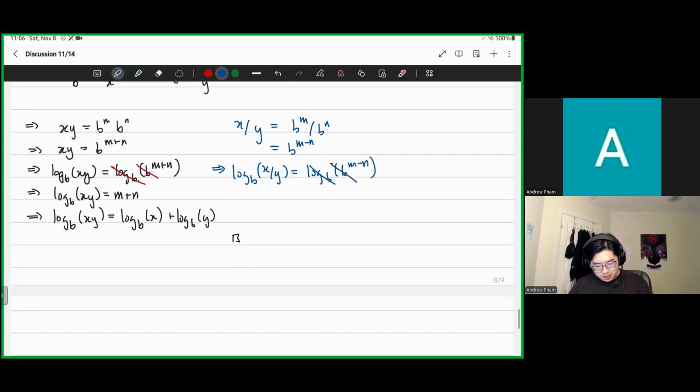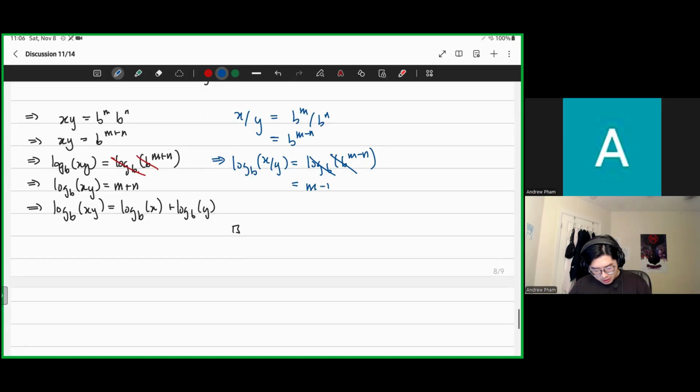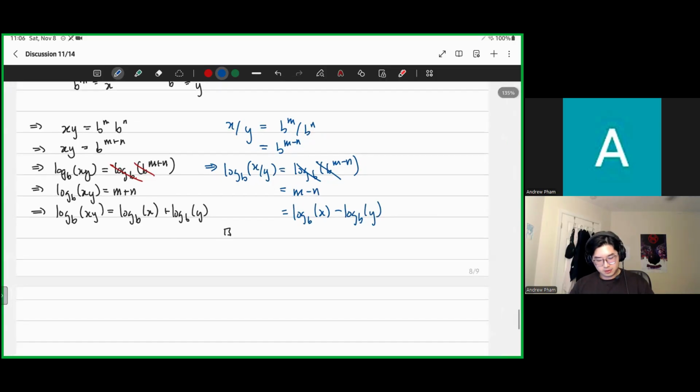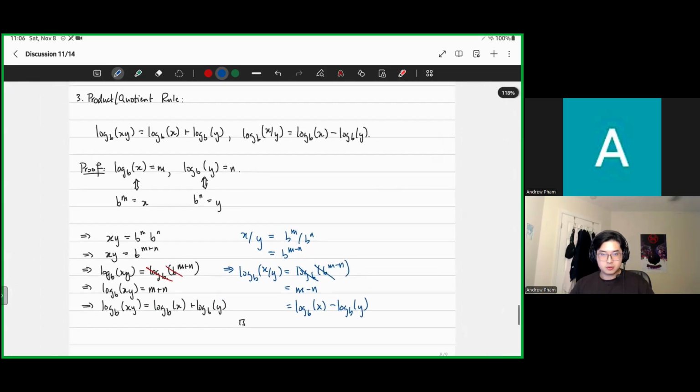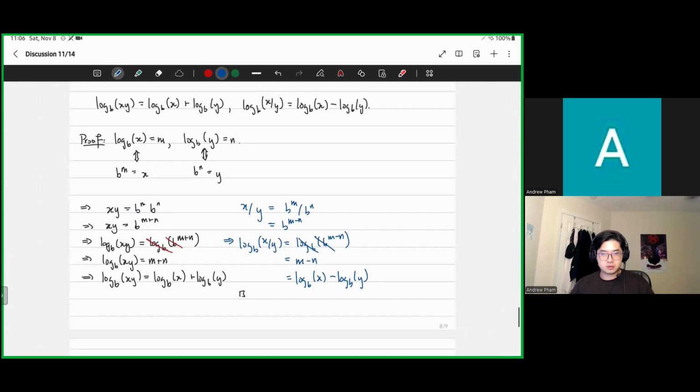By the inverse rule, you cancel this out. So you have m minus n, but m minus n is simply logarithm base b of x minus logarithm base b of y. Straightforward enough, right?